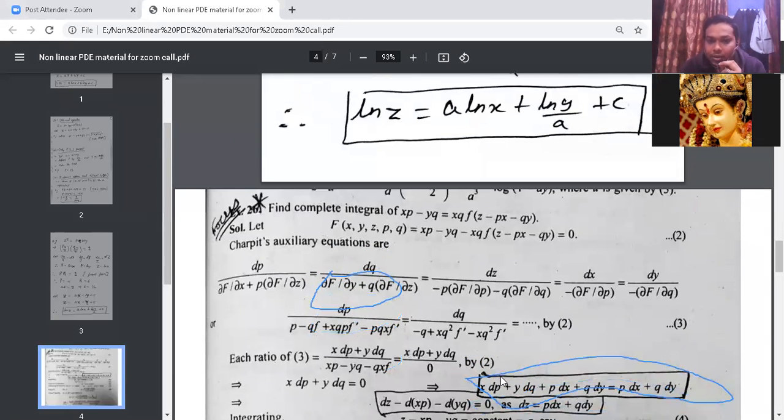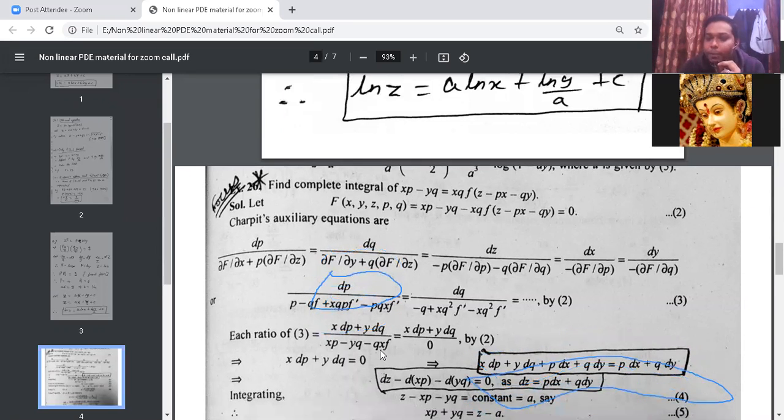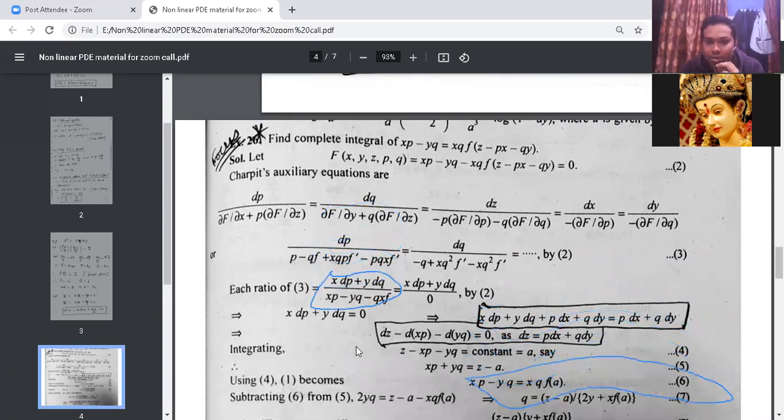So let me tell you again. First they found x dp plus y dq, and they found it to be a constant, that is 0. Then they added p dx plus q dy to both sides, and rearranged x dp and p dx to make d of xp, and similarly y dq and q dy to make d of yq.